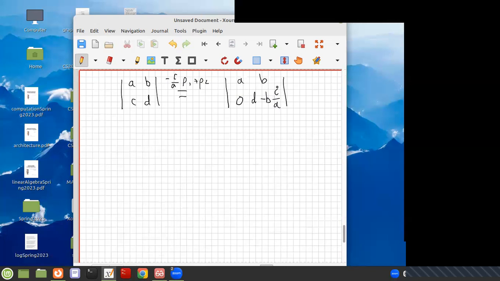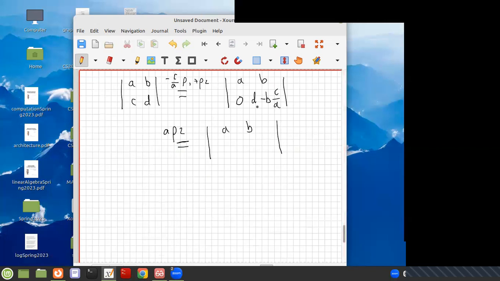Now let's multiply row 2 by A. We have to do a little bit of special maneuvering because these are letters.